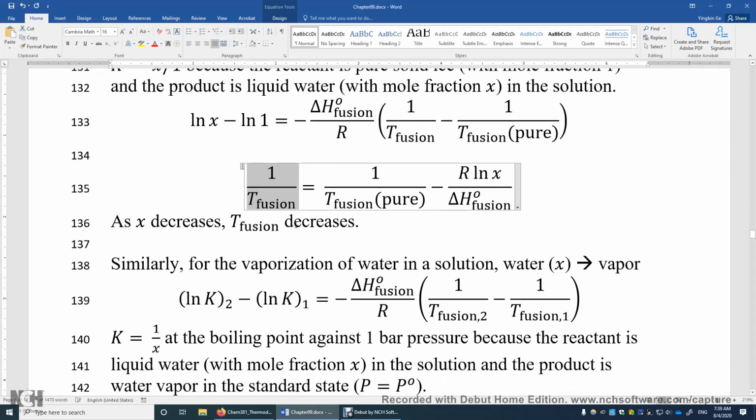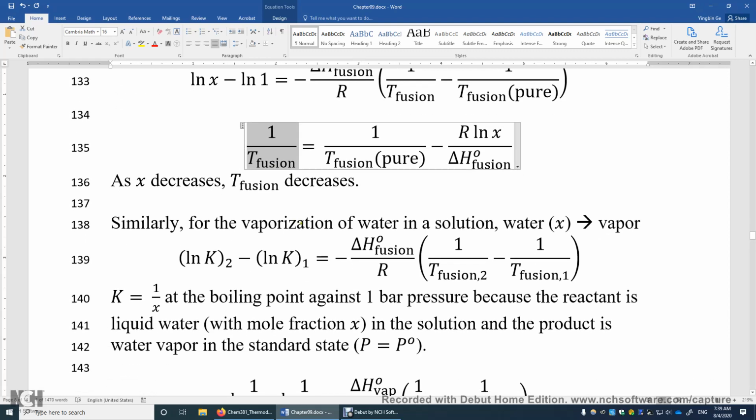Similarly, for the vaporization of water in a solution, we write out this physical change in the form of a chemical reaction. The reactant is the solution. Water has a mole fraction of X. The product is water vapor at 1 bar, if we are trying to boil the water against 1 bar pressure.